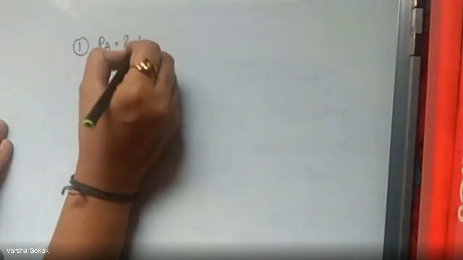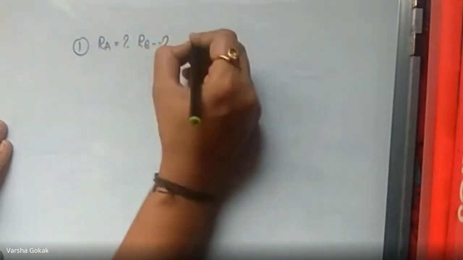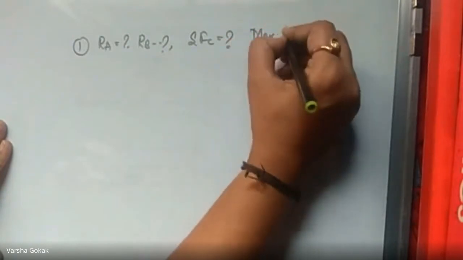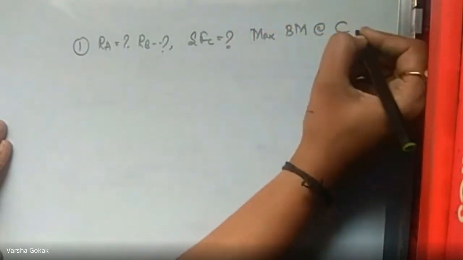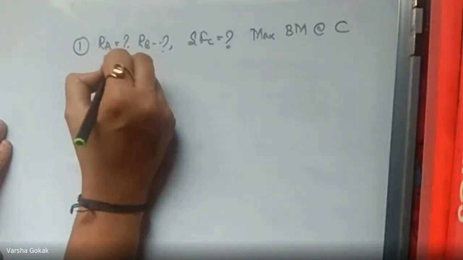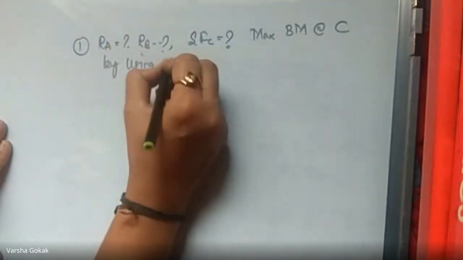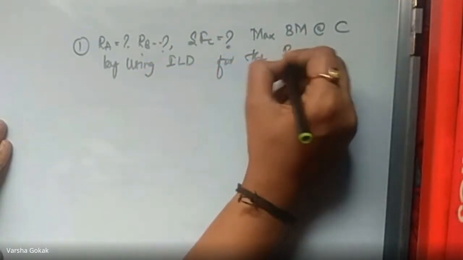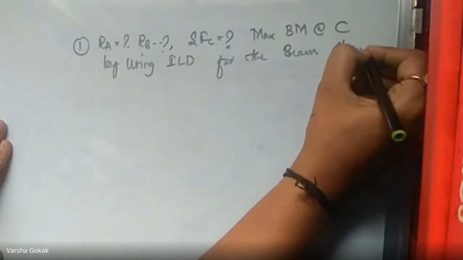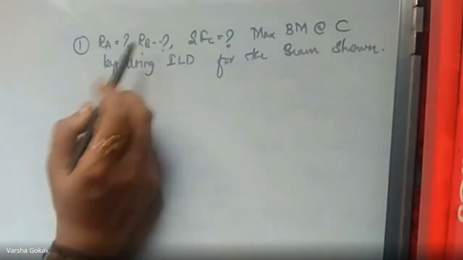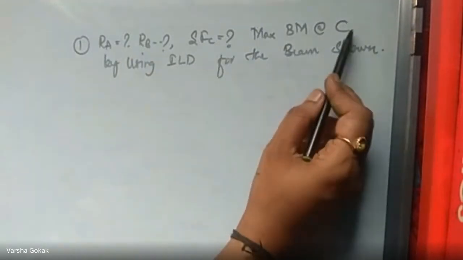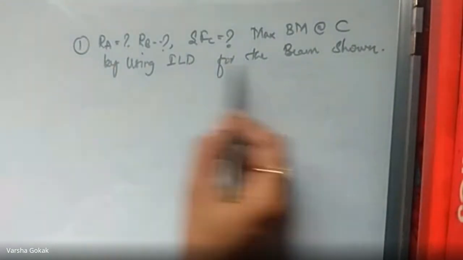Determine the reactions RA and RB, and shear force at C. I'll also find the maximum bending moment at C by using the influence line diagram for the beam shown below.